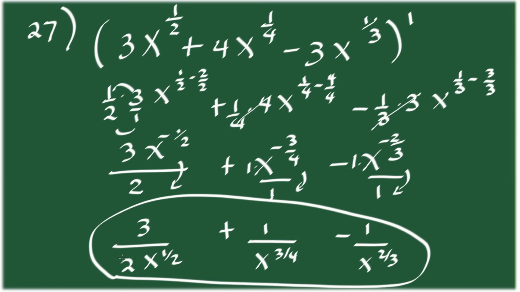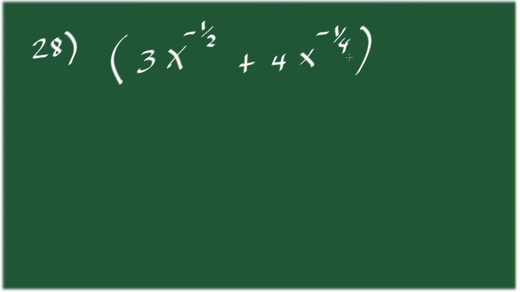Okay, let's look at 28. Now, we have a rational exponent here, but negative, okay? So don't be scared with the negative exponent, especially if it's a negative fraction, okay?